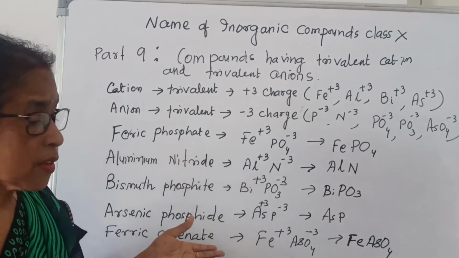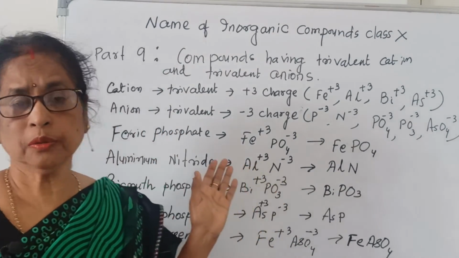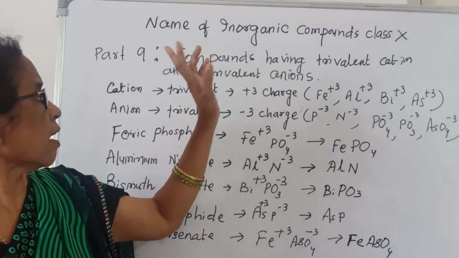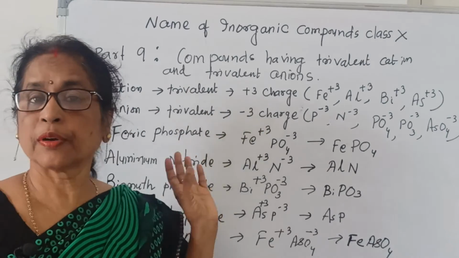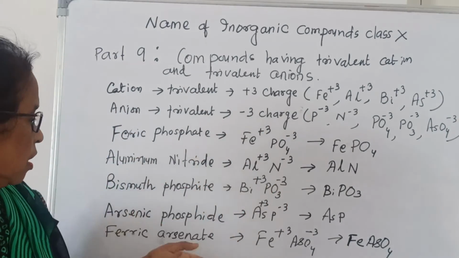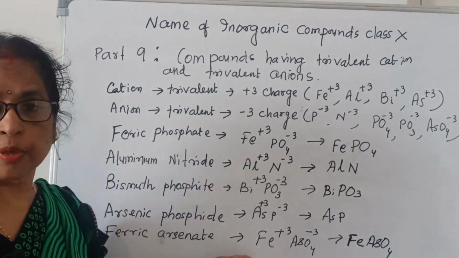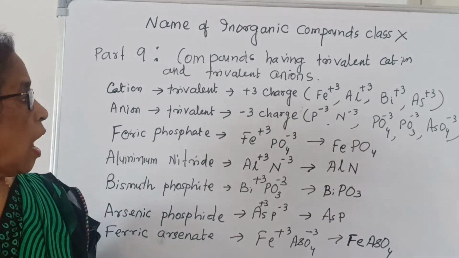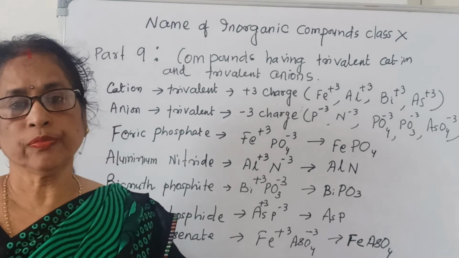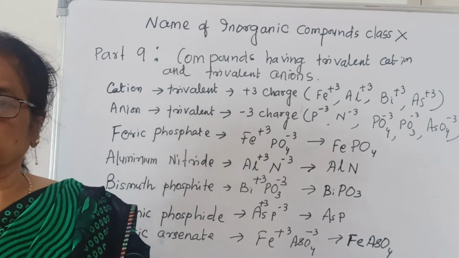So I hope it is clear to you. Here with trivalent cation and trivalent anion, there are very few radicals, very few cations and anions. Though anyhow, I formed so many compounds from those cations and anions. I hope you also try at home. Whether it is possible or not, leave it.